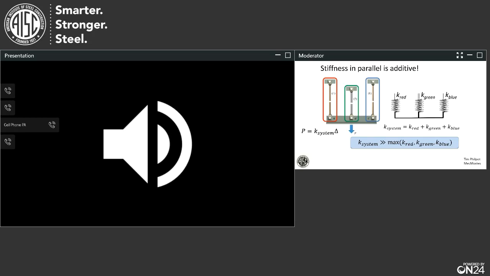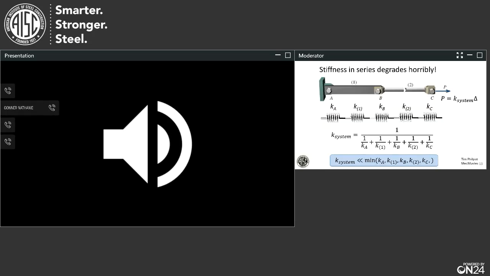All right, let's back up a couple of slides. I'm now showing slide 13. We actually had a few questions coming in around this idea of stiffness in series, and folks are wondering what the implications are for frames.